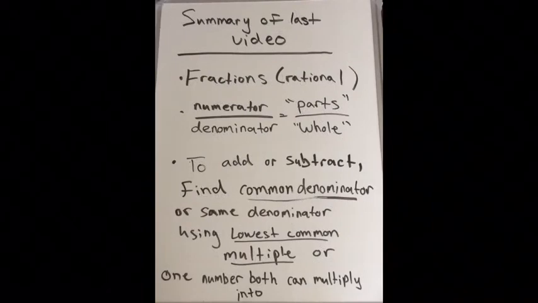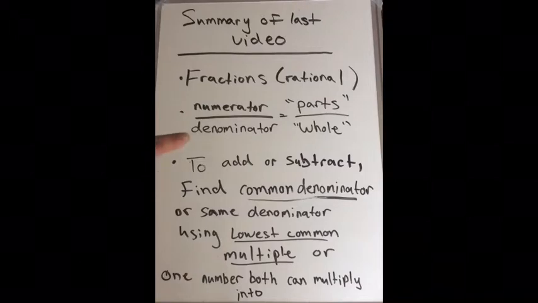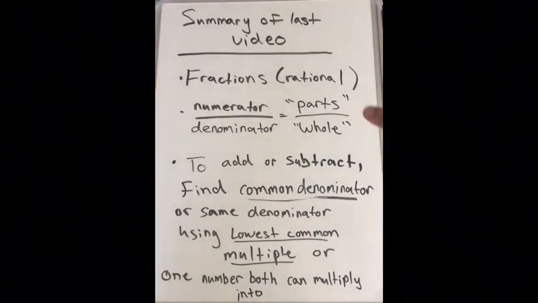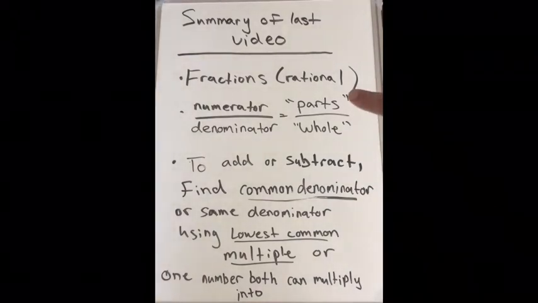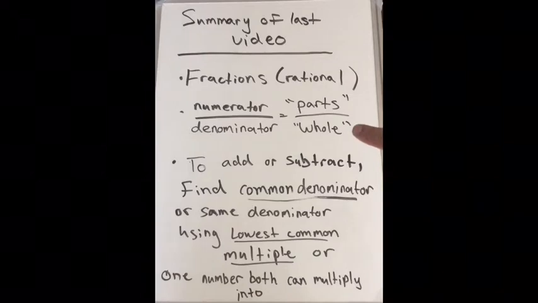Before we get started, let's have a summary of our last video. In the last video, we were talking about fractions, or rational numbers. Fractions consist of two pieces. The top piece we call the numerator, and the bottom number we call the denominator. We can think of these as parts of the whole, or how many pieces there are left from the whole amount.